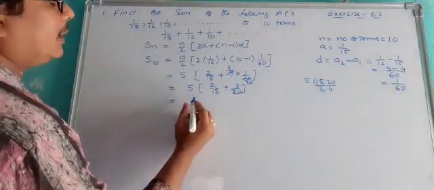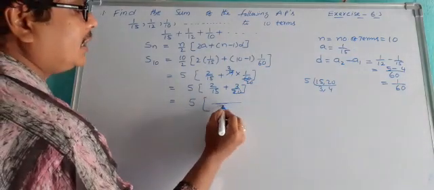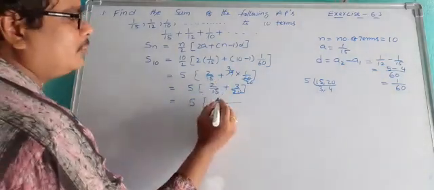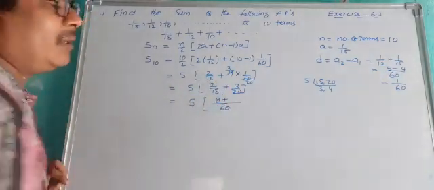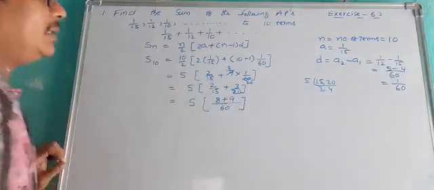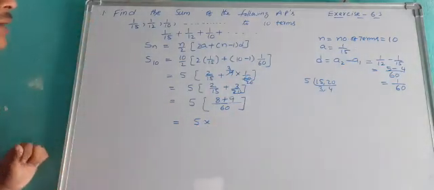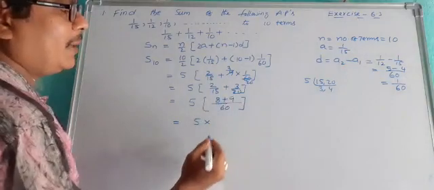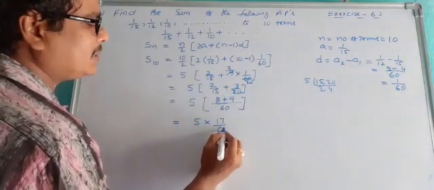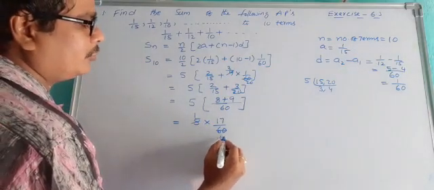So that equals 5 into, with 60 as the LCM: 15 into 4 is 60, so 2 times 4 is 8, plus 20 into 3 is 60, so 3 times 3 is 9. That equals 5 into 8 plus 9, totally 17 by 60. 5 ones are 5, 12.